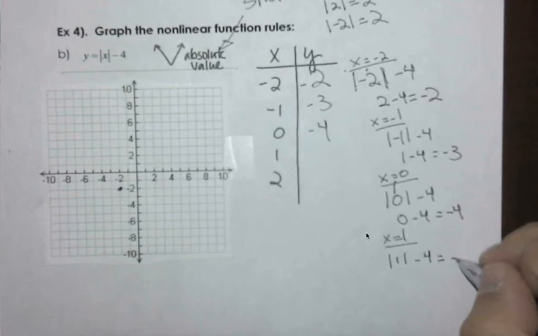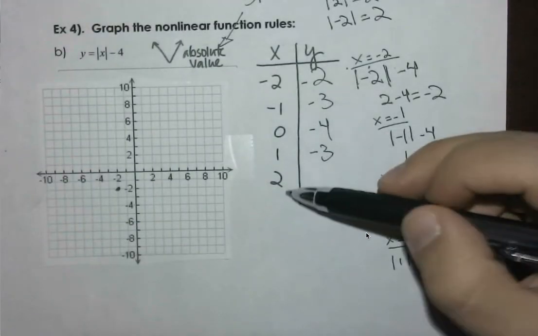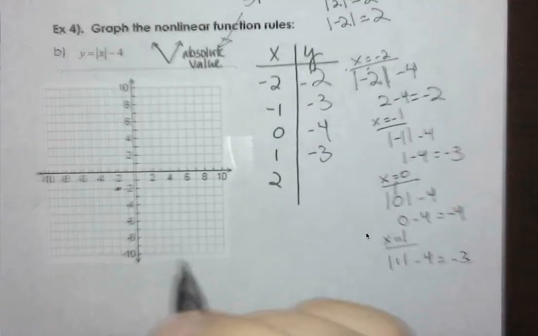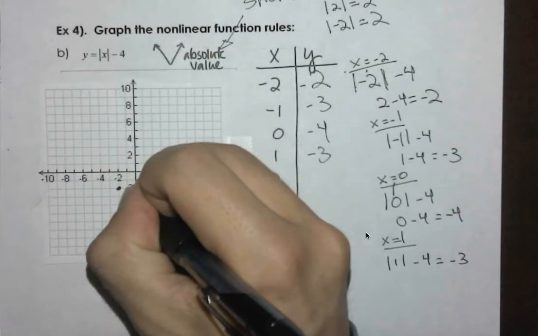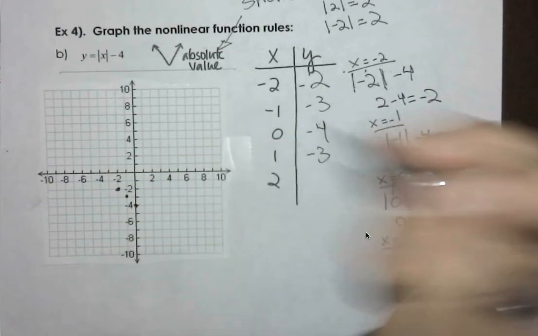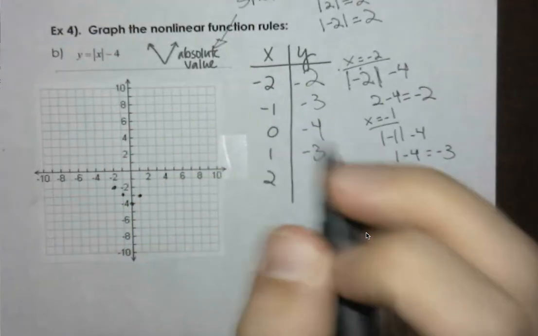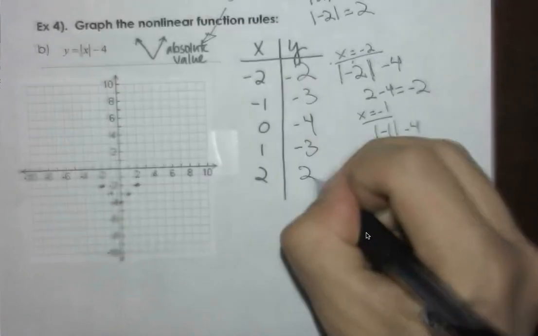Should be saying -3. You may want to take this time now, try when x is 2. Some of these problems can be tedious, just plugging in numbers and plugging in numbers. We'll soon see tips and tricks and ways to do this without having to plug in numbers. You should be saying that this outcome here is 2.